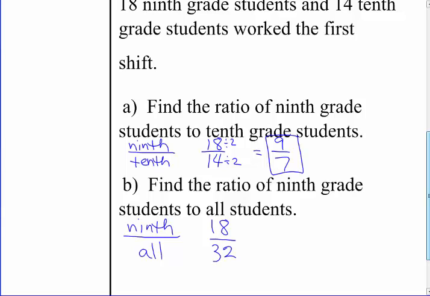So that'd be 32, 18 plus 14. And again, simplify. So you can divide the top by 2 and the bottom by 2. We get 9 over 16. And that's as simplified as it's going to get. So the ratio of 9th grade students to all students is 9 to 16.